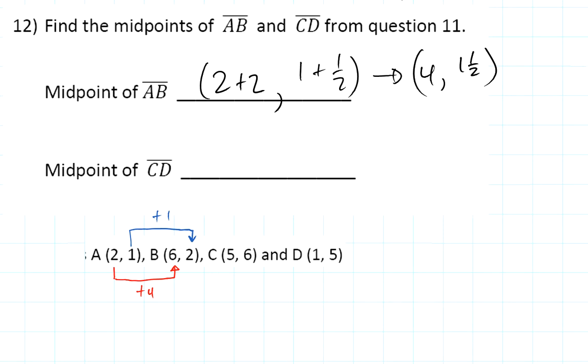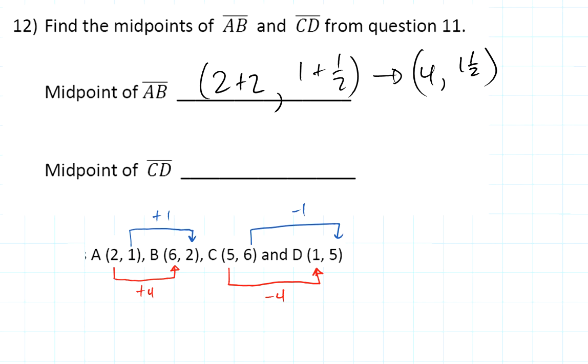Similar thing for C and D. I can see I was using red for x. At C, I'm starting at 5, and I'm going down, right? I'm decreasing by 4 units. And for y, I was at 6, and I decreased by 1 unit. I went from 6 to 5, so this went down by 1 unit. So I'm only going to go half the way.